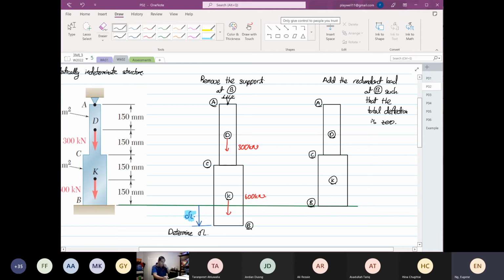So we are going to put a redundant load, and I'm going to call it RB. So this is our RB at point B, and this is our redundant load.